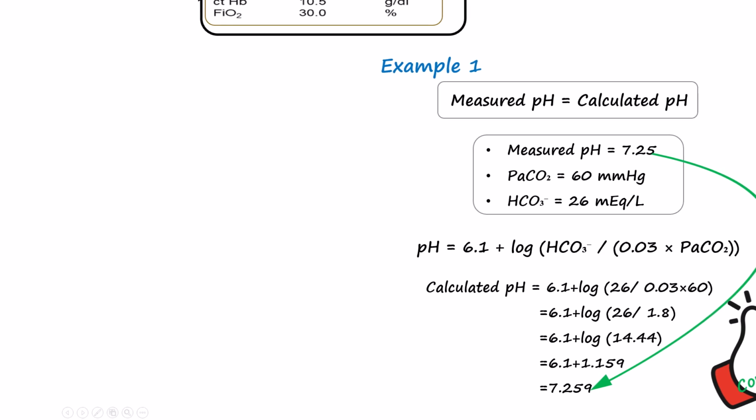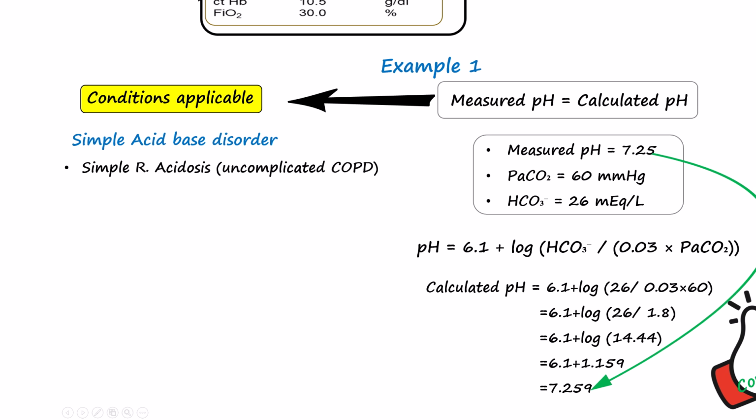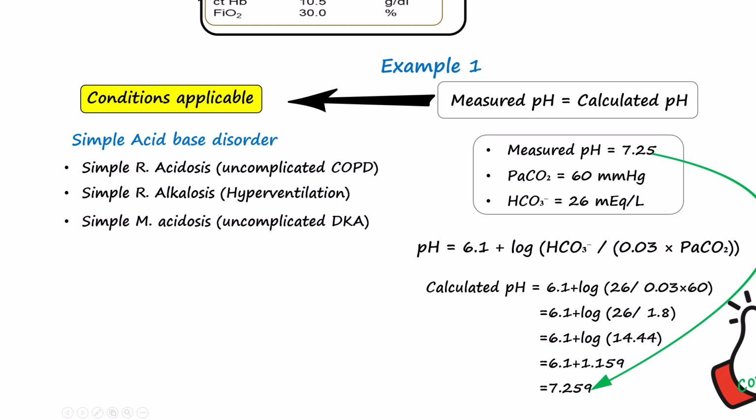Well, the first example we saw is applicable for conditions with simple acid-base disturbances without major interference from unmeasured factors. Examples include uncomplicated respiratory acidosis such as in COPD, simple respiratory alkalosis due to hyperventilation, isolated metabolic acidosis like early diabetic ketoacidosis before severe ketone accumulation, and straightforward metabolic alkalosis from vomiting or diuretic use.